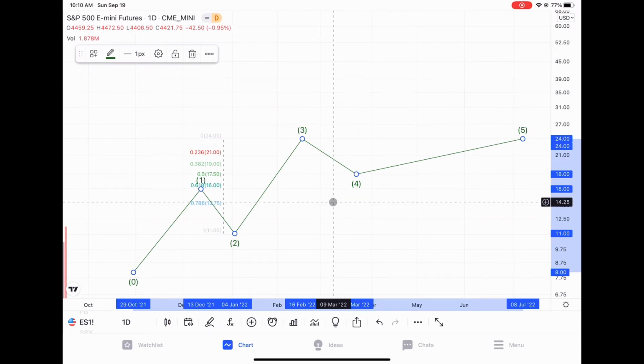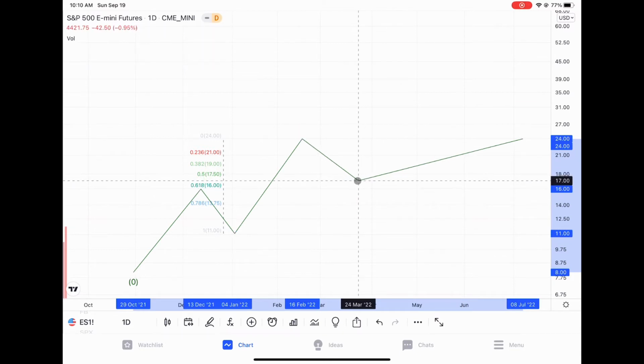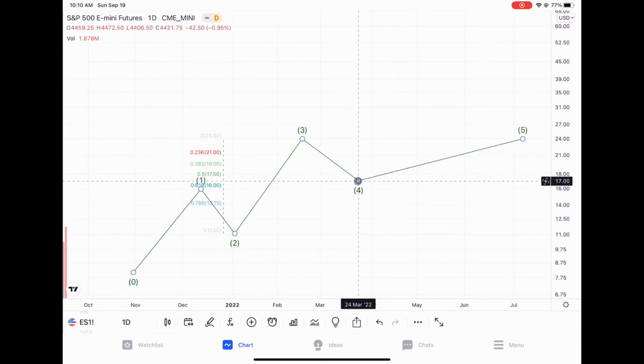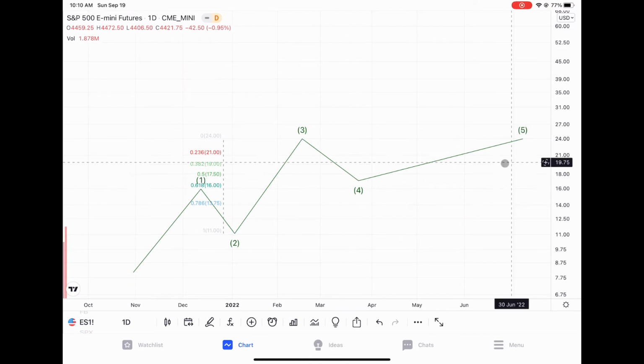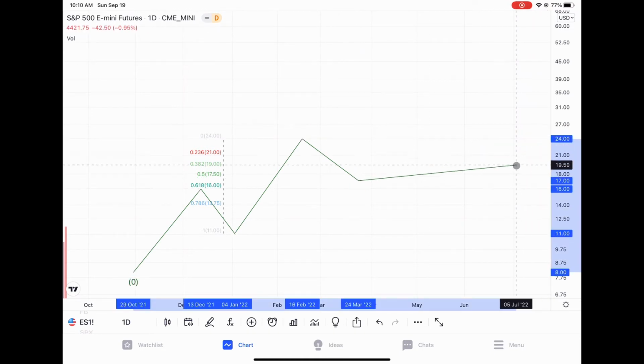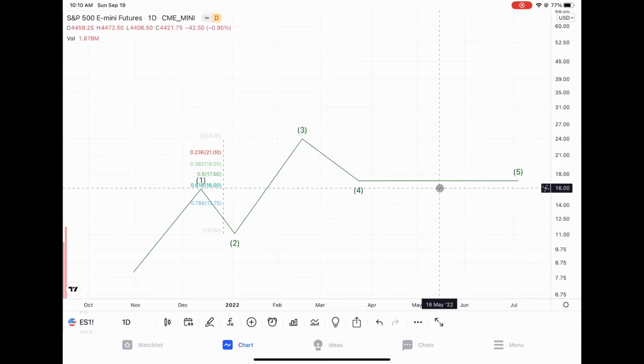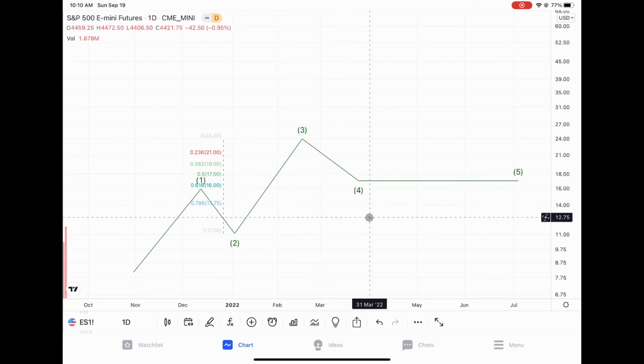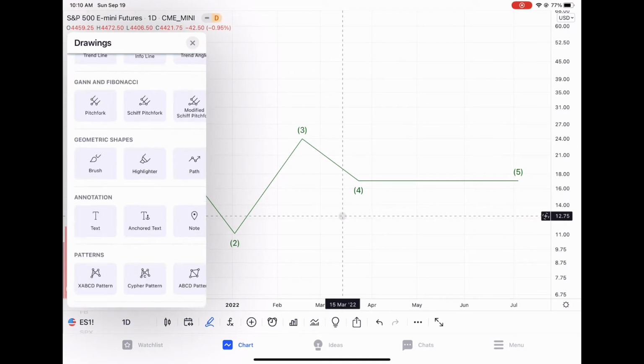Now, something to note about wave 4 is that it trades sideways, and I call this the retail trap, right? It's kind of slow. I call this a retail trap because fundamentally you'll hear it on the news, right?